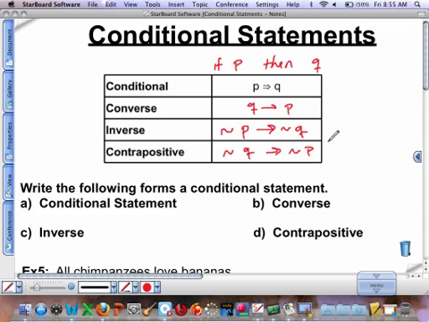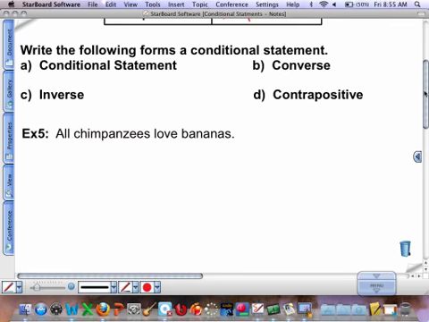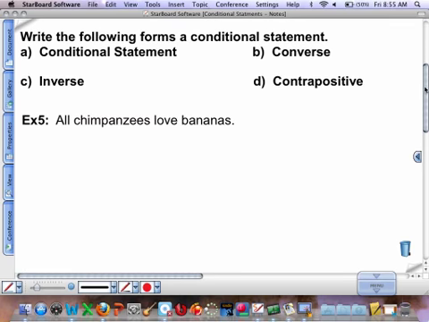All right. Let's do example 5 together. All chimpanzees love bananas. We need to write a conditional statement for that.